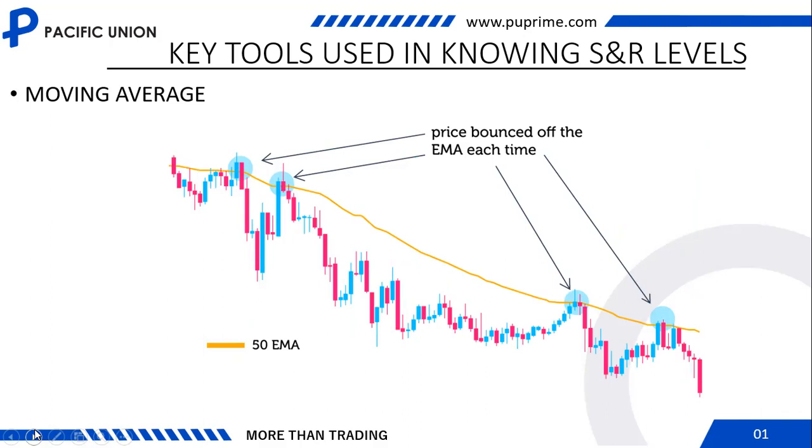Usually in the trading circle, there's something known as the 50 EMA, that's the 50 exponential moving average. Some people call it the golden moving average. As you plot out your moving average, I'm going to show us how to plot that in a minute.